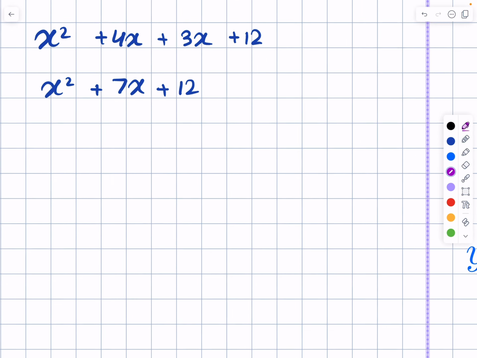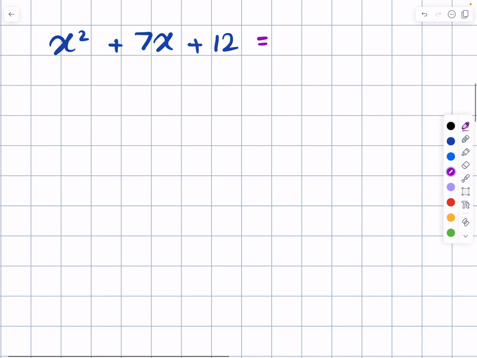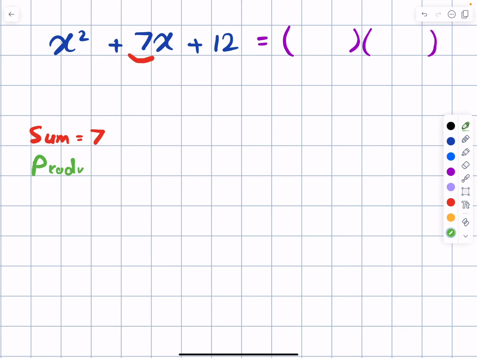Here, to factorize this expression, we need two numbers so that when we add them up, they sum to 7, the middle number, and the product of those two numbers would be the constant term, which is here 12.